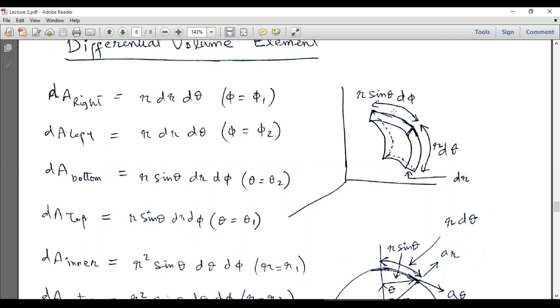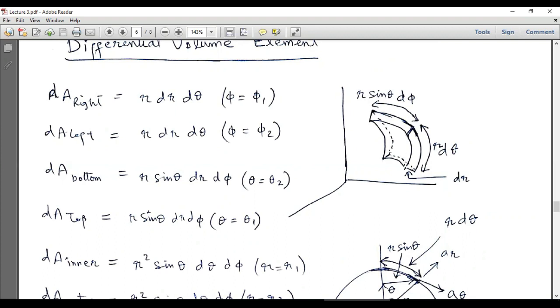Similarly, for this length along the phi axis, we have r sine theta. Now, for this edge, r is equal to 2 because this is the inner edge, and theta will be equal to 30 degrees. Similarly, for this edge, theta is equal to 30 degrees and r is equal to 4.